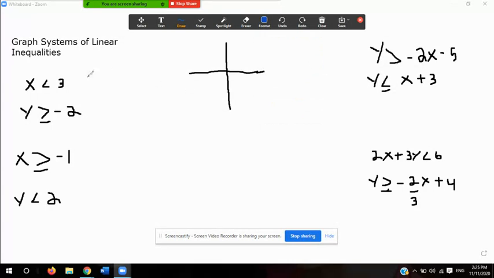And the reason we're going to do that, and I'm actually going to write it in a different color, is that we know how to graph x equals 3 on a coordinate plane. So what that means is I'm going to look for positive 3. So this would be 1, this would be 2, and this would be 3.